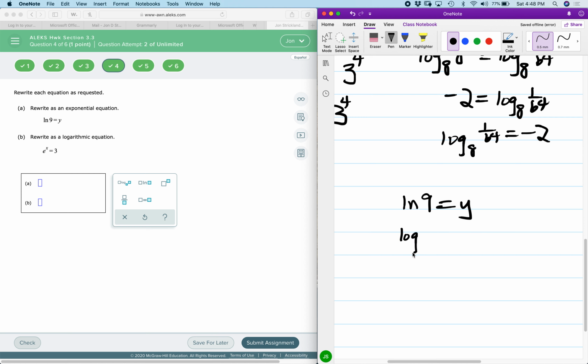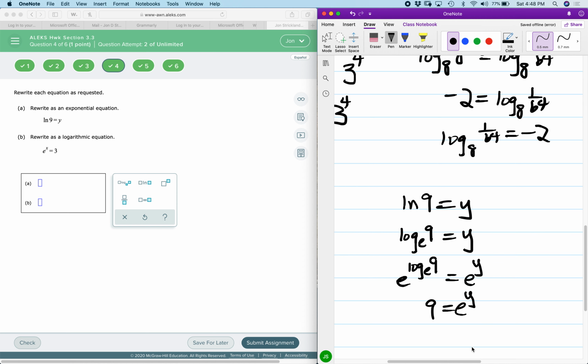Natural logarithm is another way of saying log base e, so I have the base e logarithm of 9 is equal to y. If I get rid of the logarithm, I can apply the exponential base e to both sides. e to the base e logarithm of 9 goes to 9, and we have 9 is equal to e to the y.